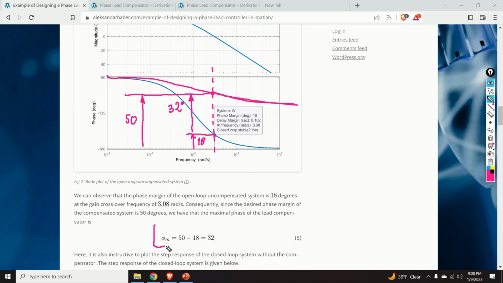So the maximum phase of our phase lead compensator should be 50 minus 18 is equal to 32.